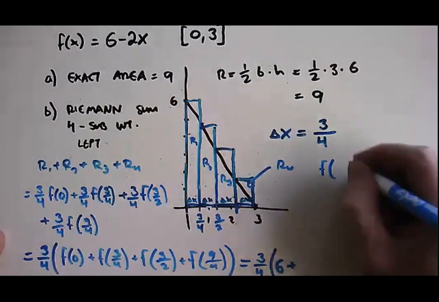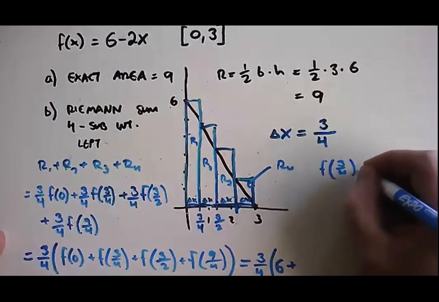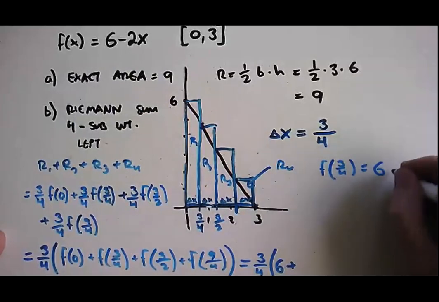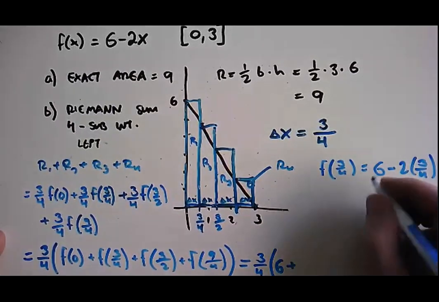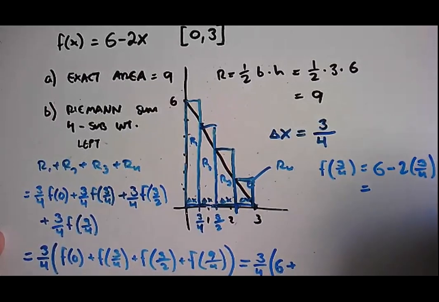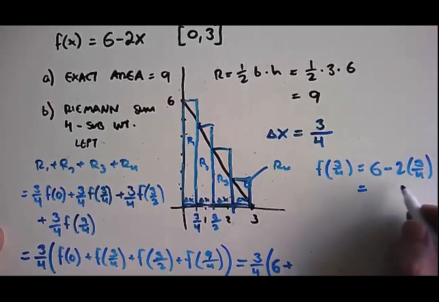So what is f of 3/4? Okay, so I'm just using the function that's defined up here. F of 3/4 is 6 minus 2 times x. So 6 minus 2 times 3/4. I know fractions for some people are probably the hardest part of these problems here.